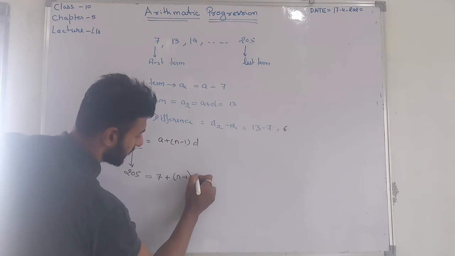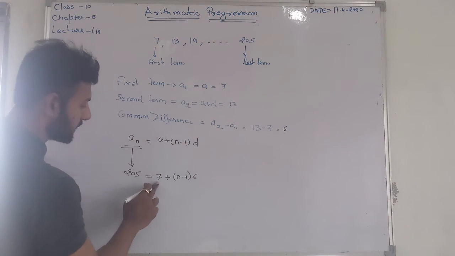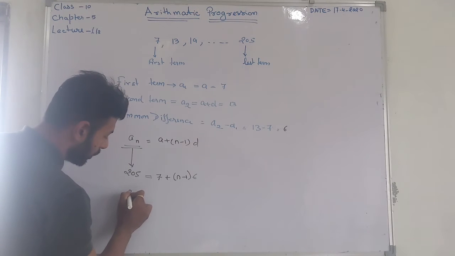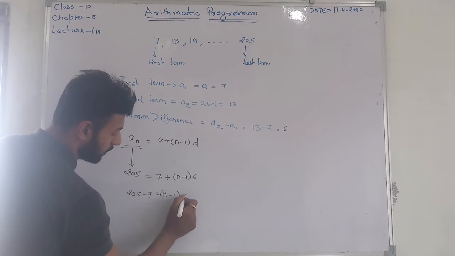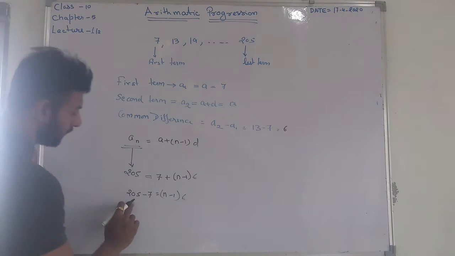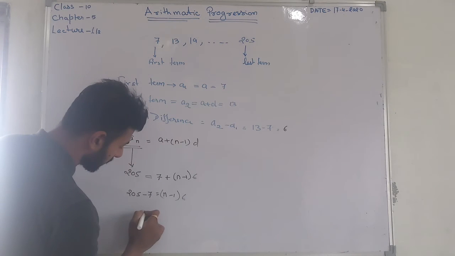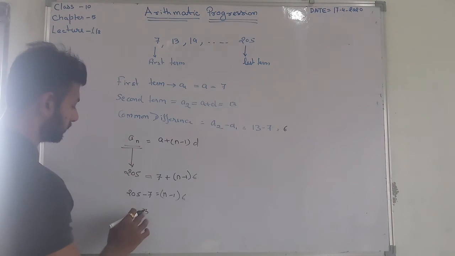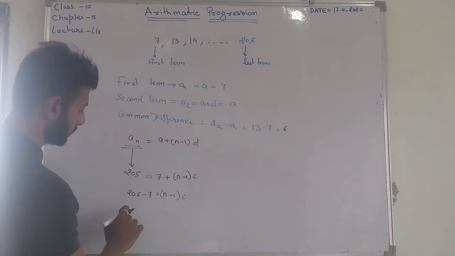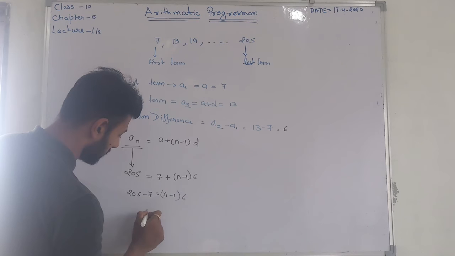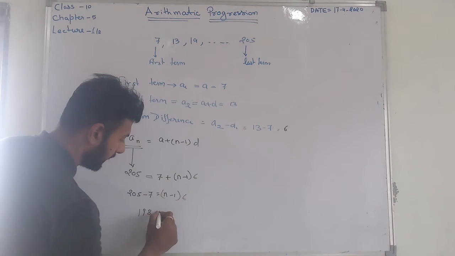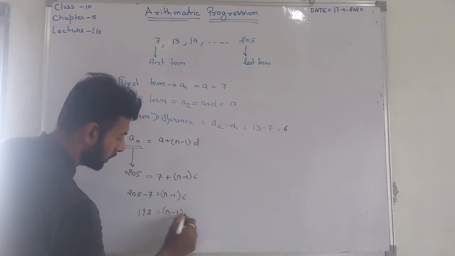D is 6. Now solving this, taking this 7 to the left hand side, 205 minus 7 is equal to (n minus 1) into 6. That gives 198 equal to (n minus 1) into 6.